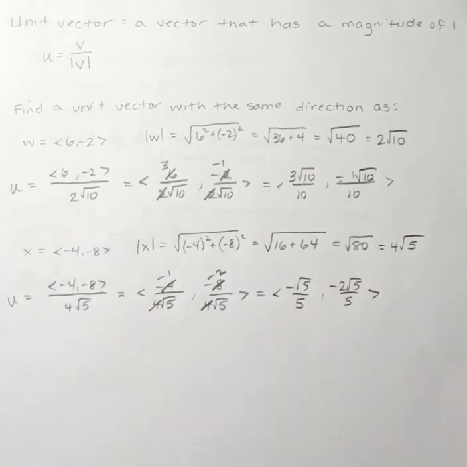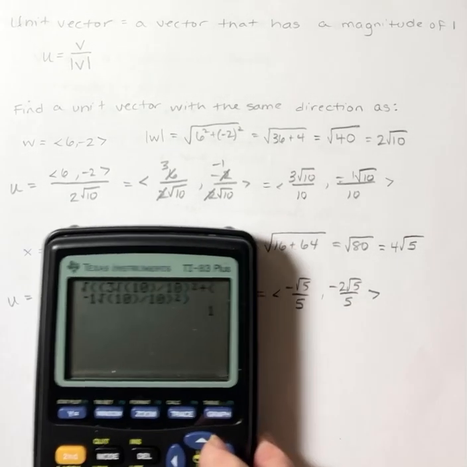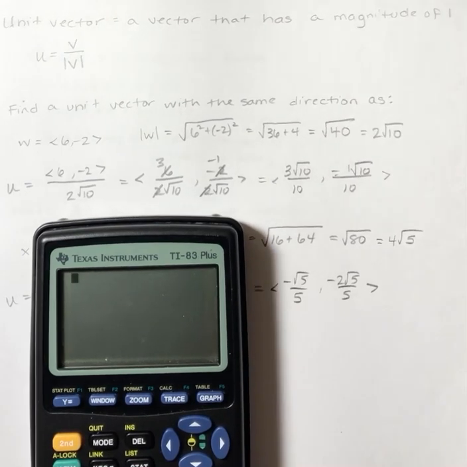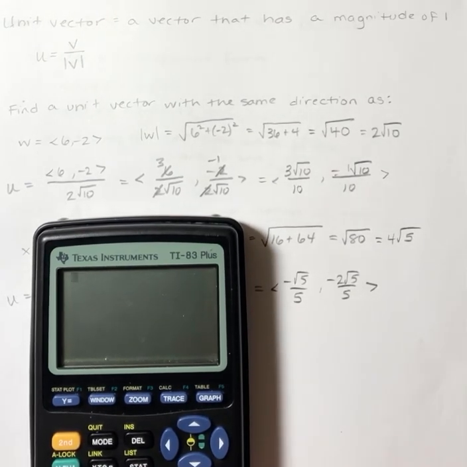And again, I can check my magnitude and make sure that my magnitude is 1. So I have the square root of negative square root of 5 divided by 5 squared plus negative 2 square roots of 5 divided by 5 squared. And there's my magnitude of 1.